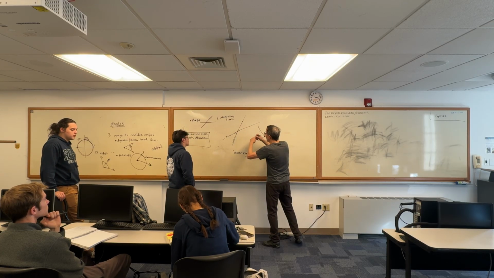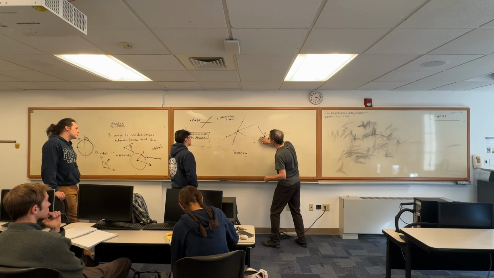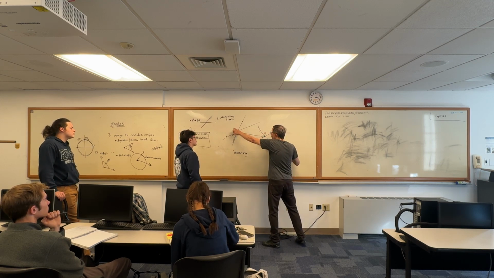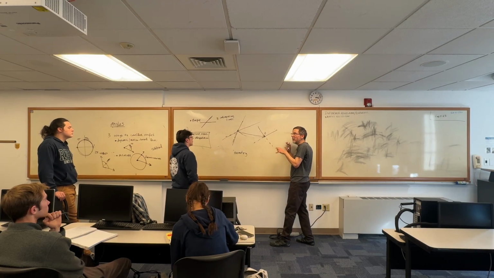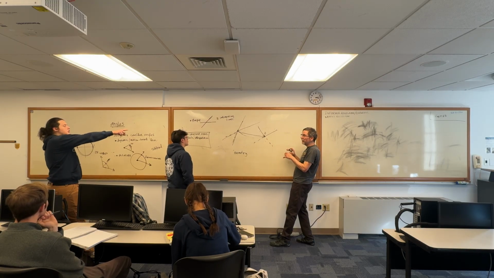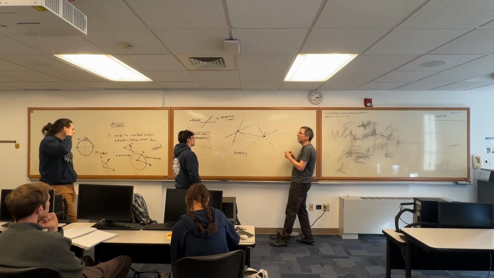So first you translate the intersection, and then I do a rotation. And if I can get this to match up with that, they are congruent. That one is congruent with that one, not with the other. Is that what the question was?